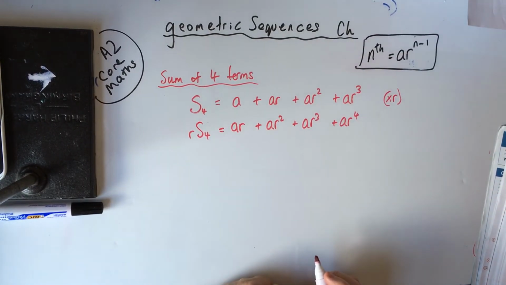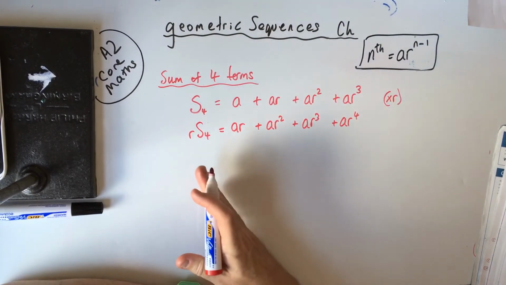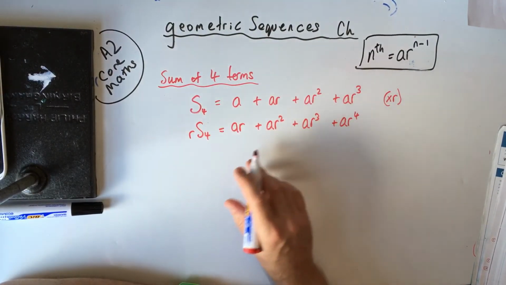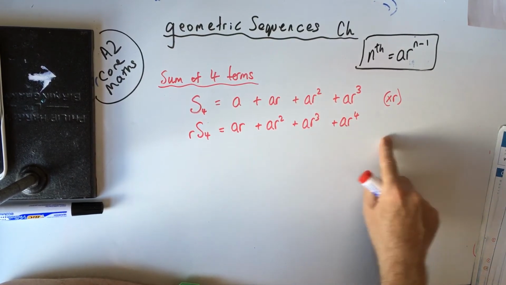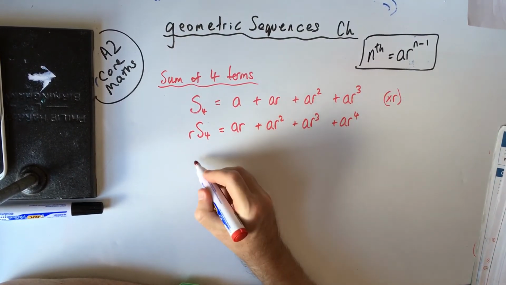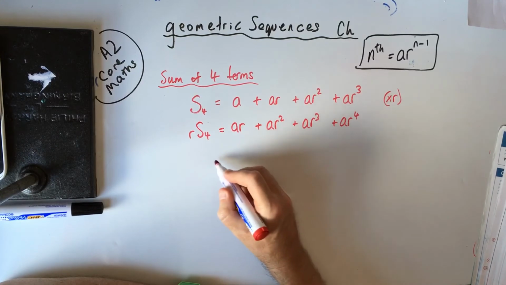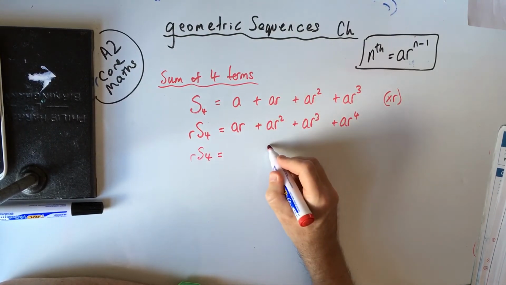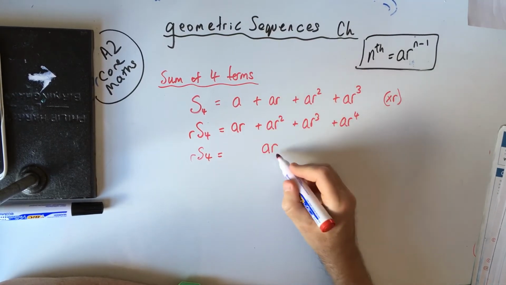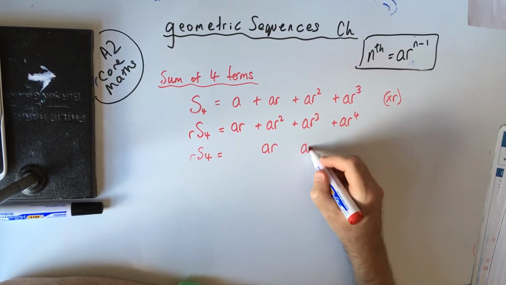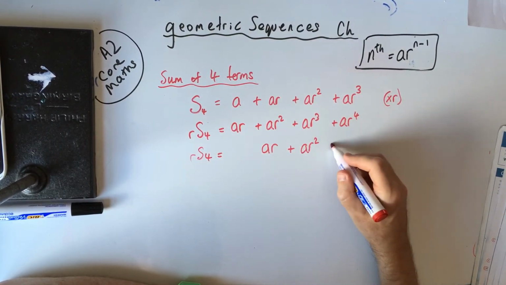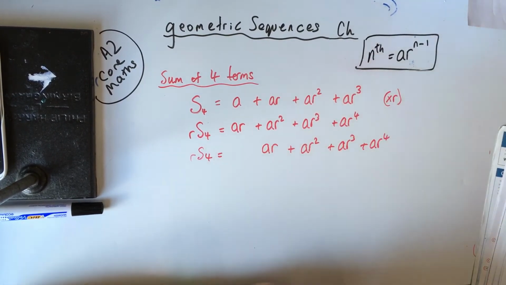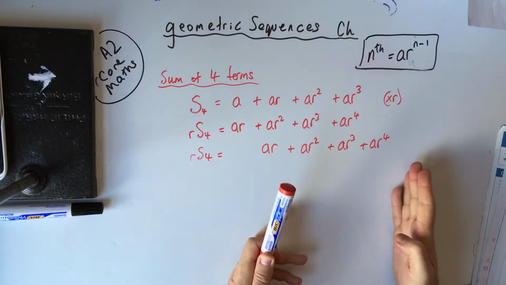And if I shift everything along, I'm going to move these along, so I'm going to put the ar there, and the ar squared there, and the ar cubed there, and the ar to the power of 4 there. Can you see that I've just moved them along?